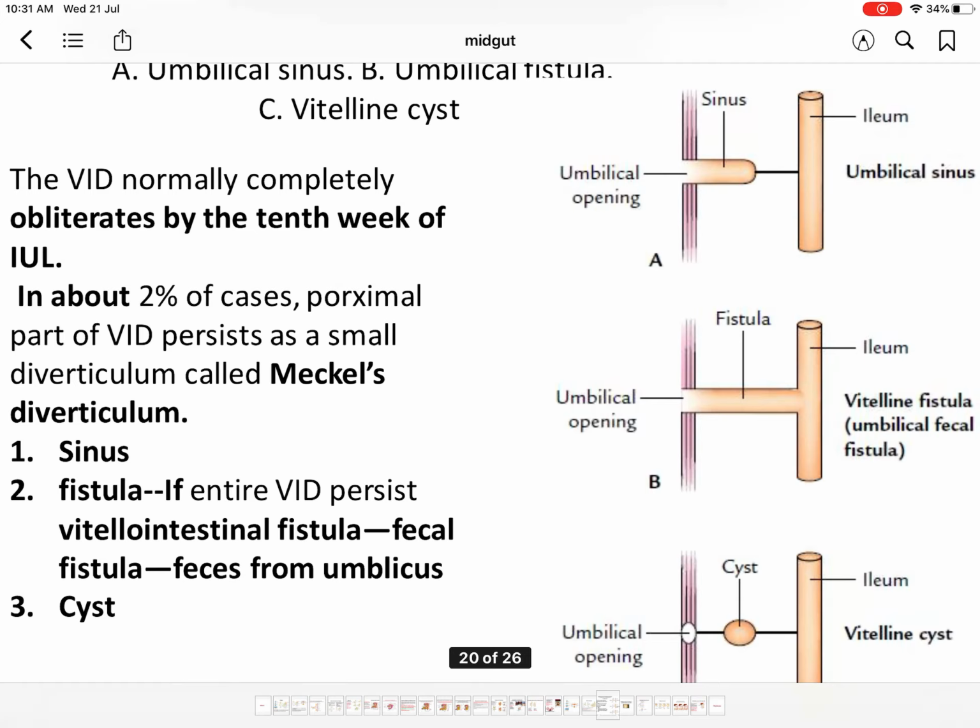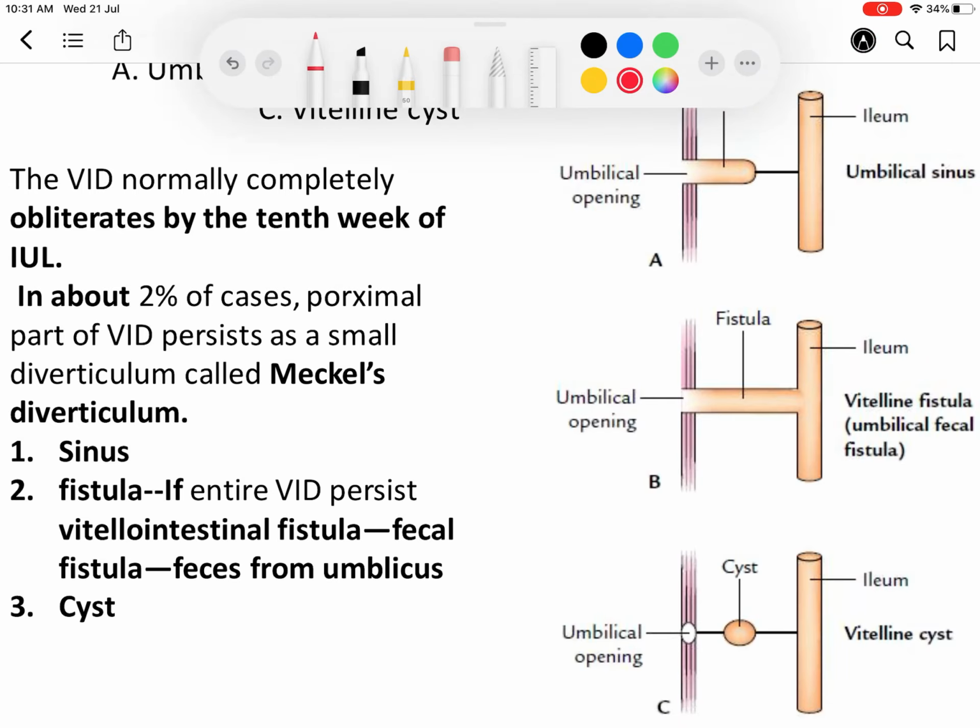So this vitellointestinal duct normally completely obliterates around the 10th week of intrauterine life, but in 2% of cases it may form the Meckel's diverticulum. If the proximal part is persisting, it forms Meckel's diverticulum, but if the distal part is persisting, it may form the sinus.